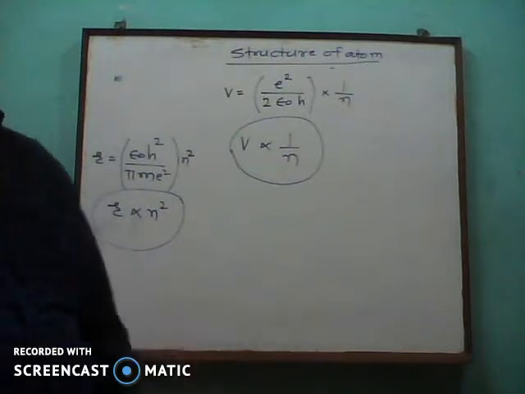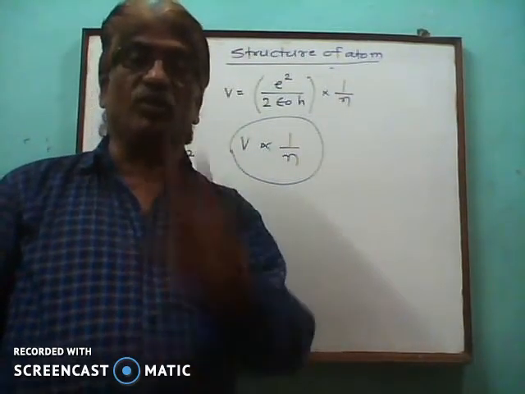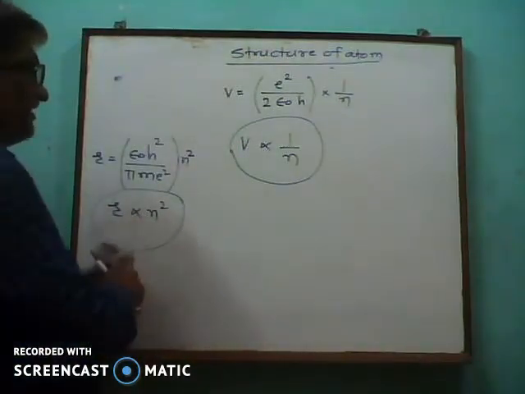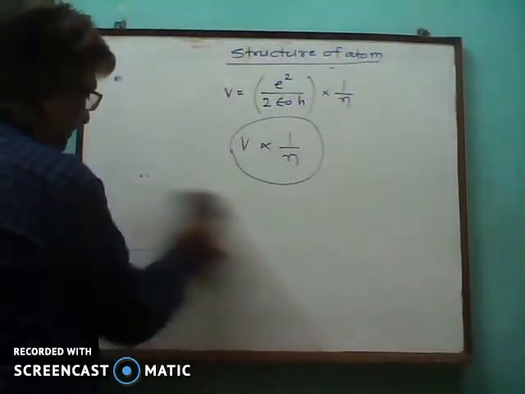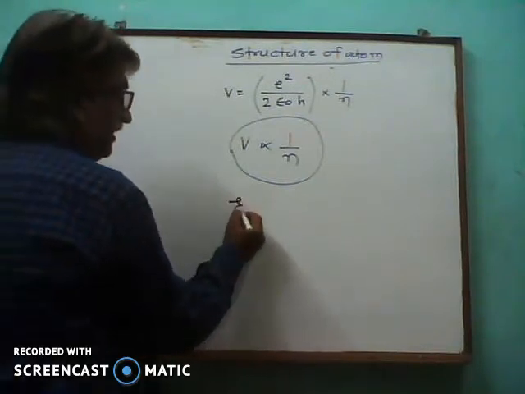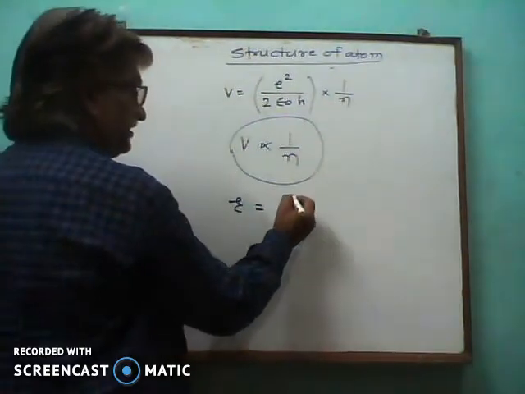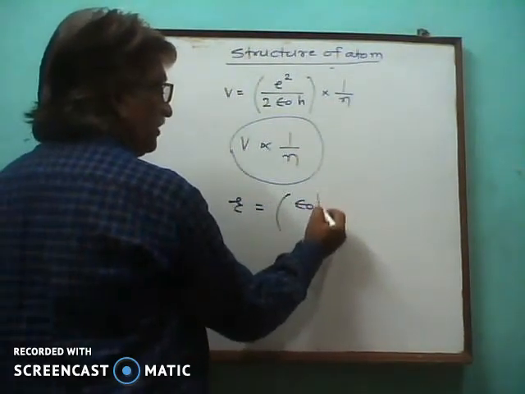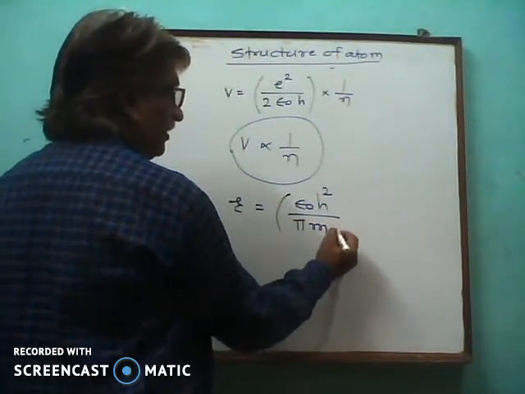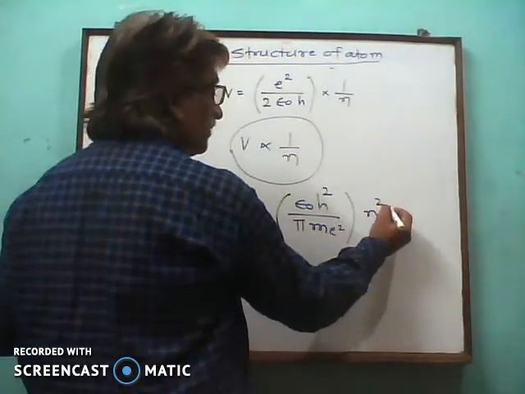Today we have seen two very important formulas. Which two formulas? One formula: radius of circular orbit in Bohr's theory of hydrogen atom is epsilon 0 h square upon pi m e square, bracket close, into n square.